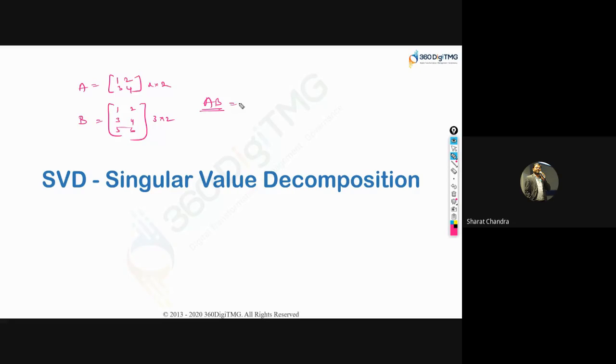So what would be the answer? We cannot do matrix multiplication if the column count of the first matrix is not equal to the row count of the second matrix. This cannot be possible. These two should be equal.